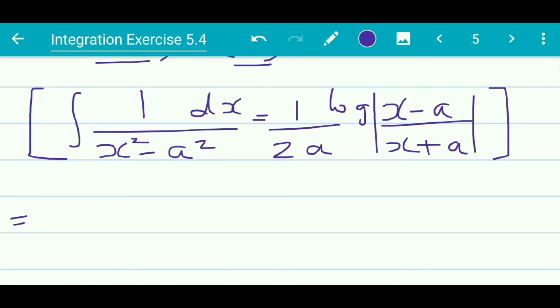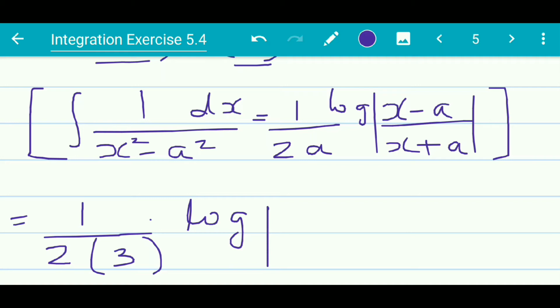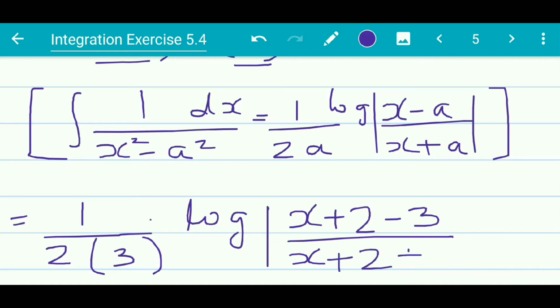So 1 upon x plus 2 square minus 3 square becomes 1 upon 2a, that means 1 upon 2 into 3 into log mod of x minus a. Now instead of x we put x plus 2 minus a, that is minus 3 upon x plus 2 plus 3 plus c.